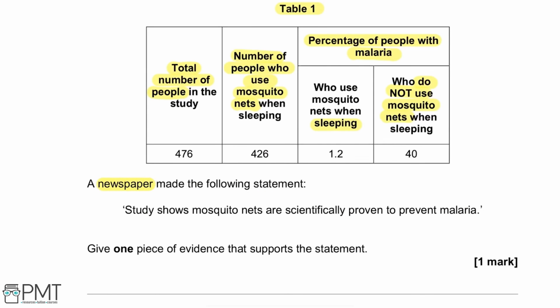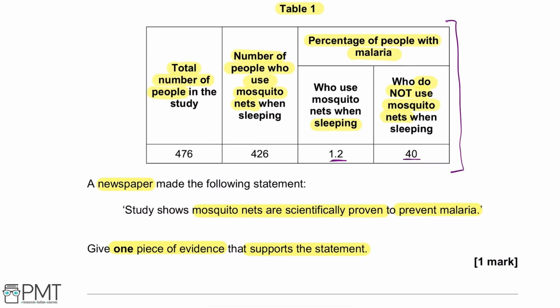A newspaper made the following statement: "Study shows mosquito nets are scientifically proven to prevent malaria." Give 1 piece of evidence that supports the statement. So we want to be looking at this section of the table over here, the percentage of people who do have malaria. And we notice that the percentage of people with malaria who do use mosquito nets is only 1.2.